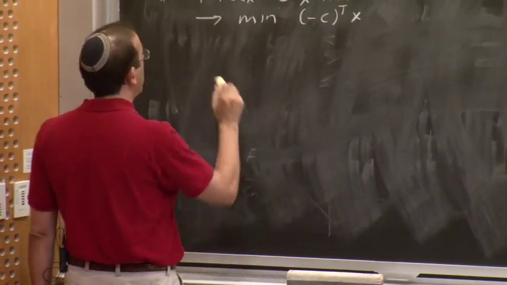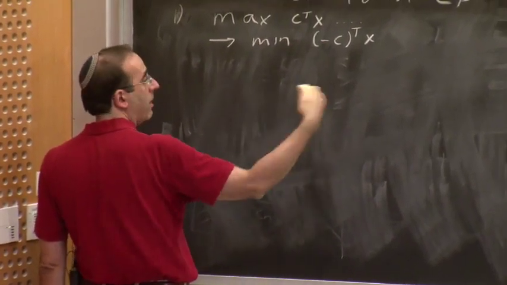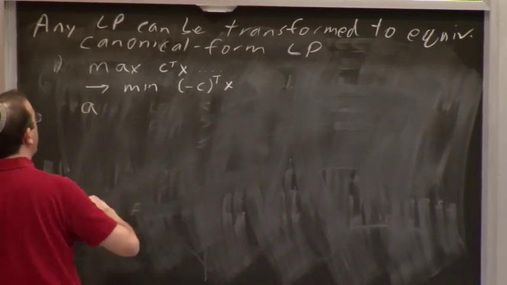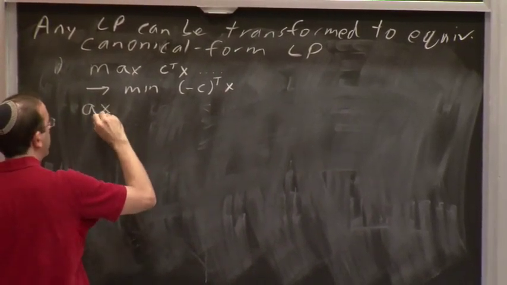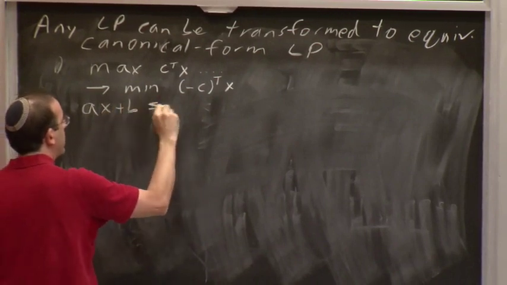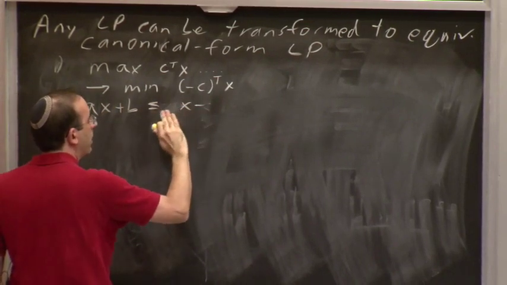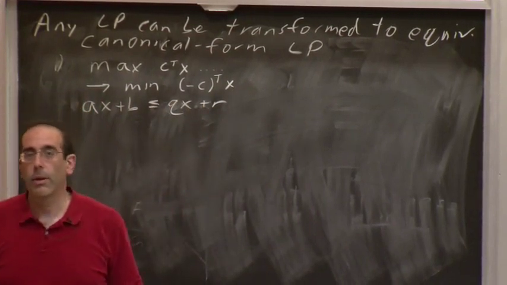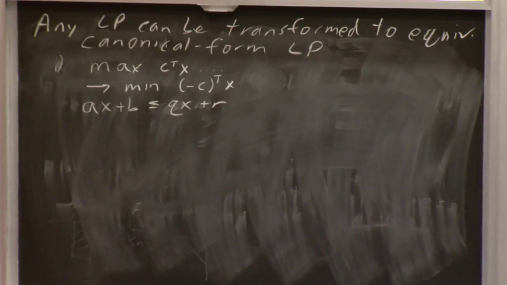Now suppose more complexity. Suppose that instead of having my nice inequalities written over there, I have something like Ax plus b is less than or equal to Qx plus r. Okay, so that doesn't fit the form. What do I do?